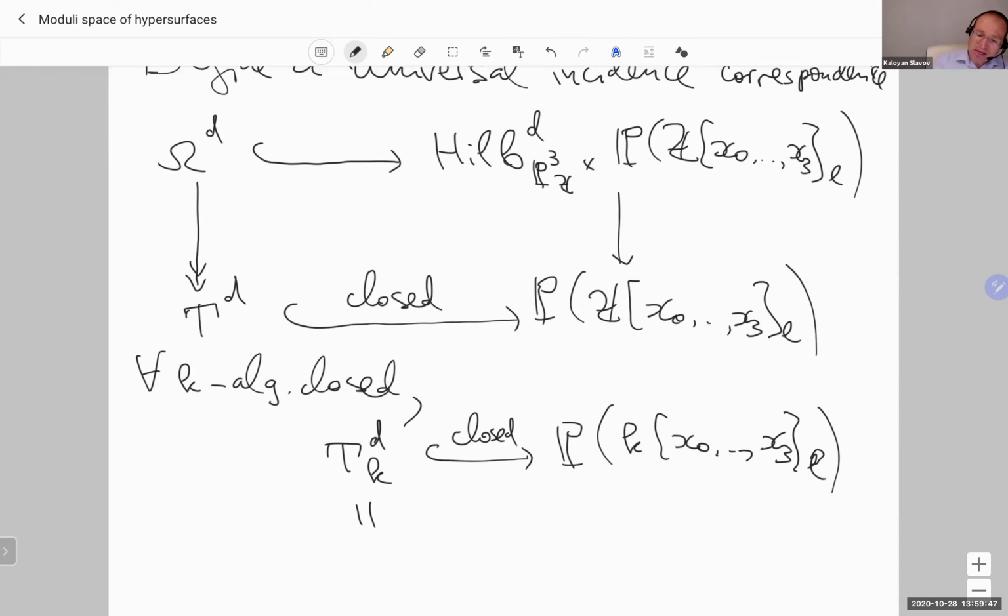It parameterizes hypersurfaces singular along something, some point in the Hilbert scheme.